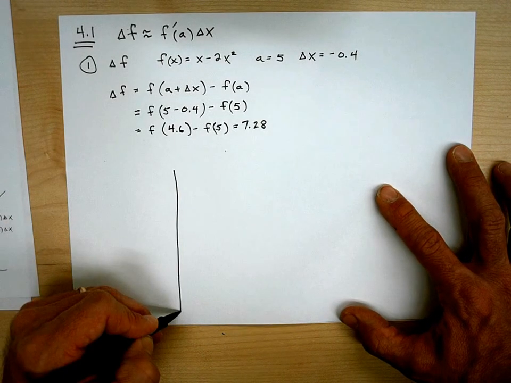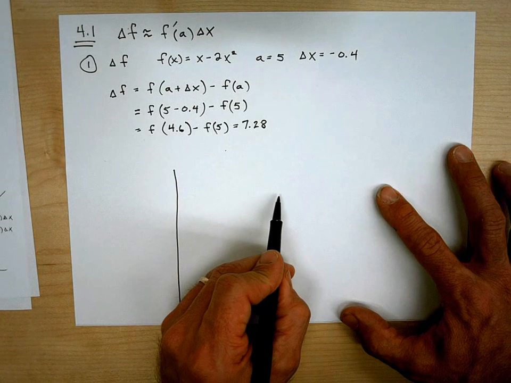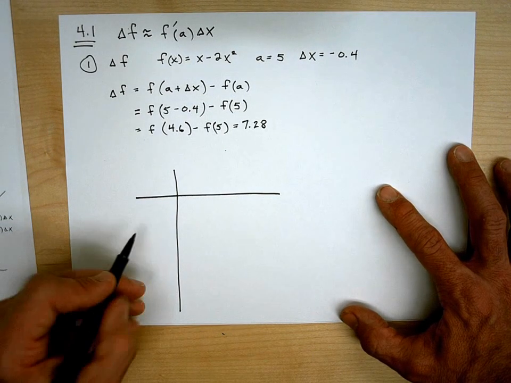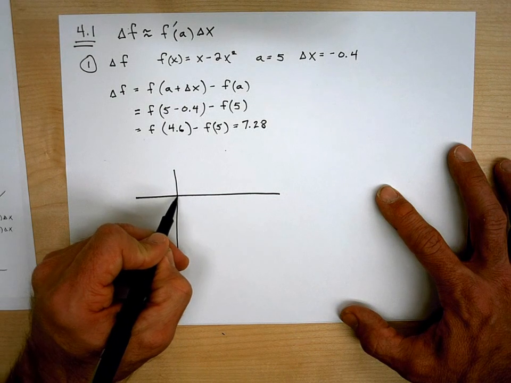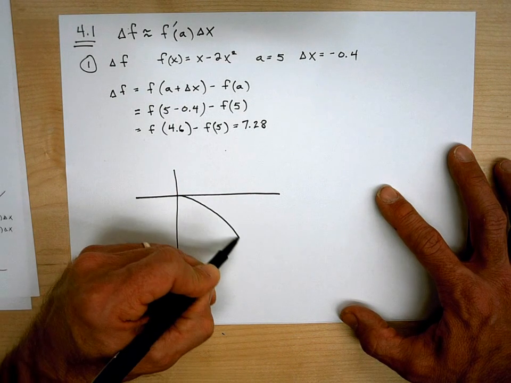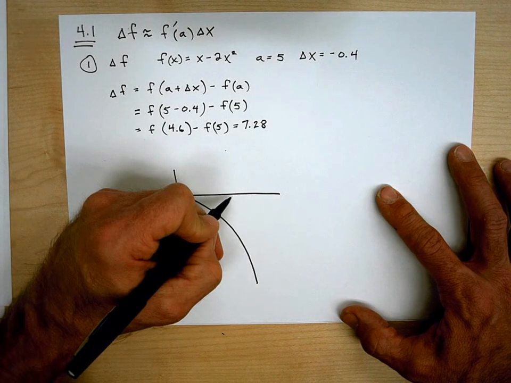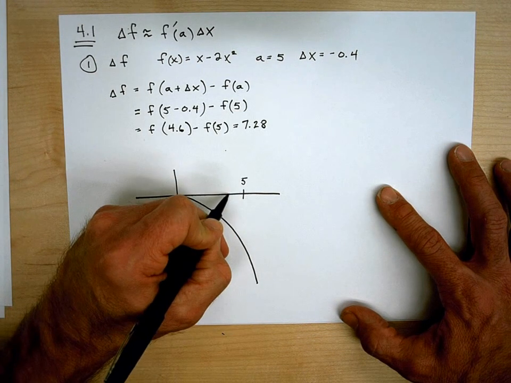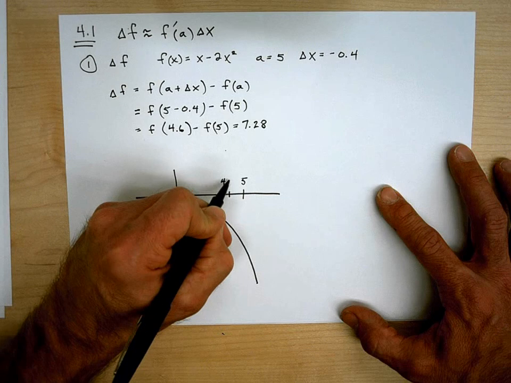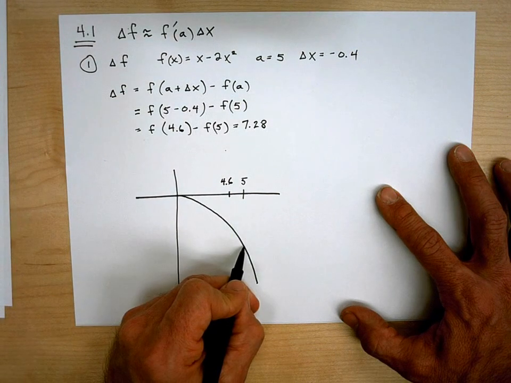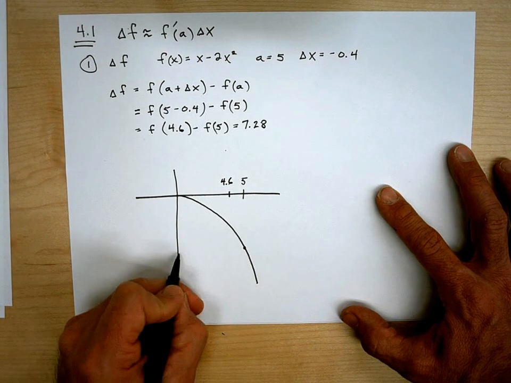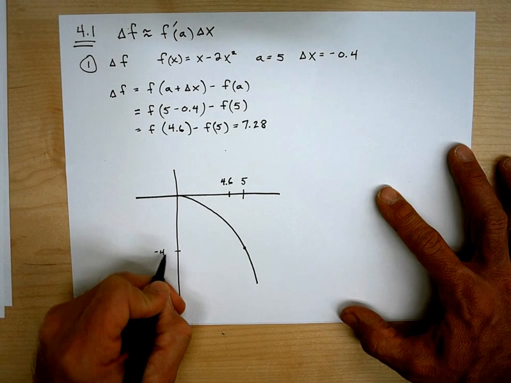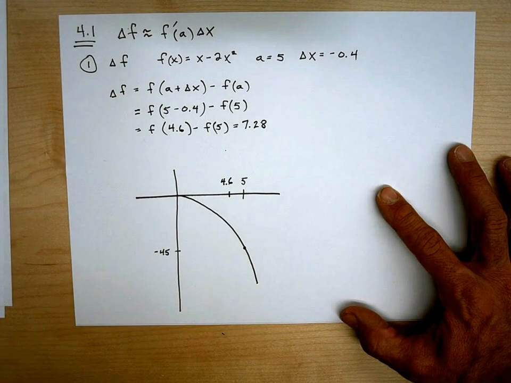All right. So I guess we can go ahead and draw a quick sketch here. We'll fill it in more later, but for right now, what we have is something that looks like this. This is a downward-facing parabola. We can basically call this 5. Here we are at 4.6, and right at this point, you can verify that it's going to be negative 45.